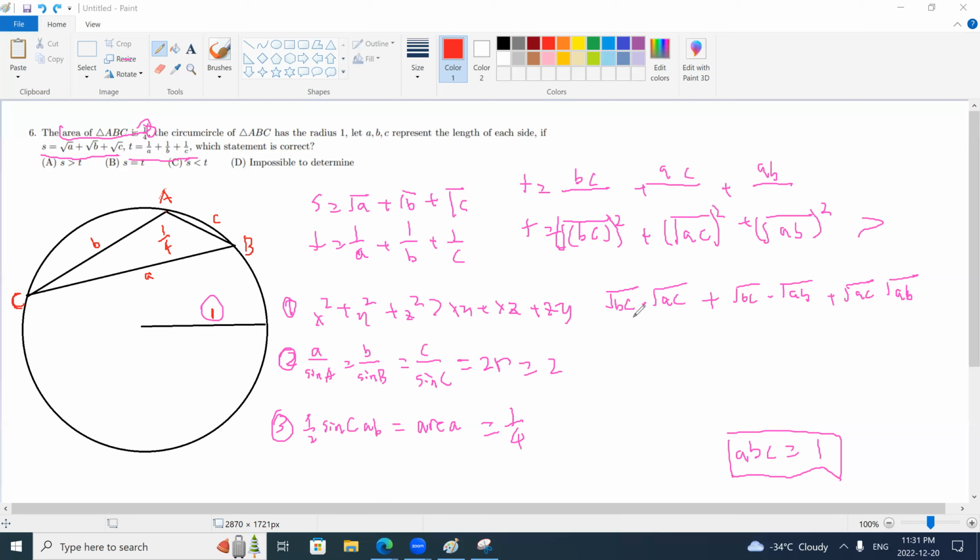Let's rewrite this. So this becomes C. Actually, I'm jumping a step. So ABC squared plus ACB squared plus CBA squared.